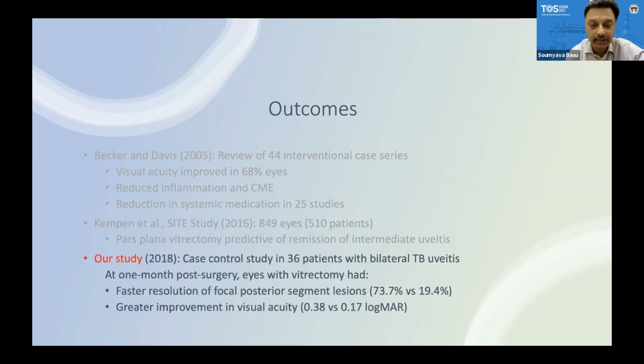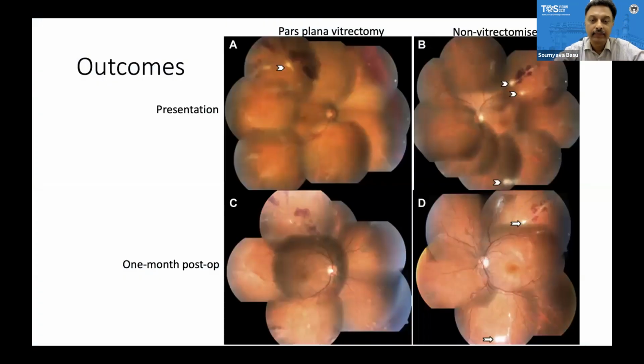We studied patients with bilateral TB uveitis, where one eye underwent vitrectomy and the other did not, and we compared both the eyes. We found that at the end of 1 month, eyes that had vitrectomy had faster resolution of posterior segment lesions and also a greater improvement in visual acuity. This is an example of such a case where the picture on the left-hand side is the one that underwent pars plana vitrectomy.